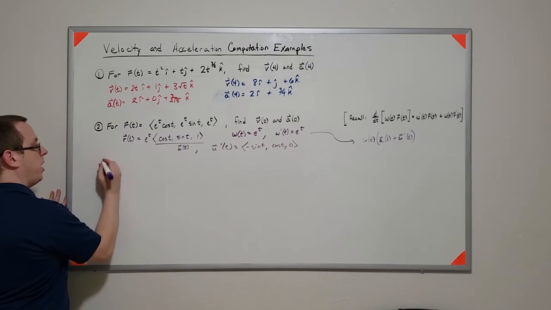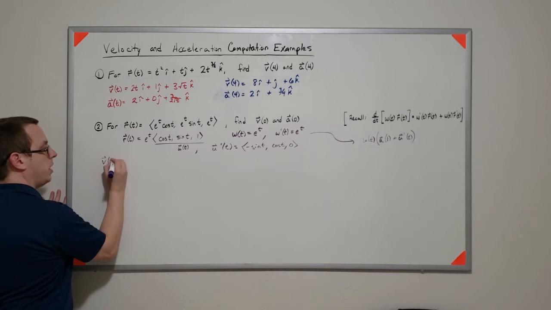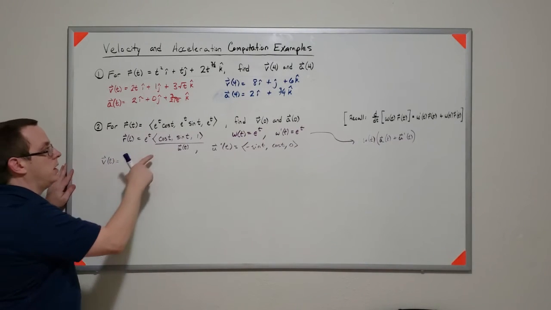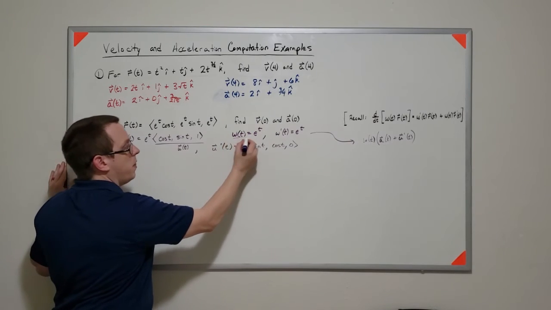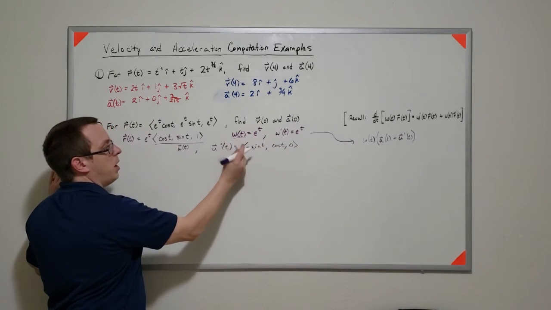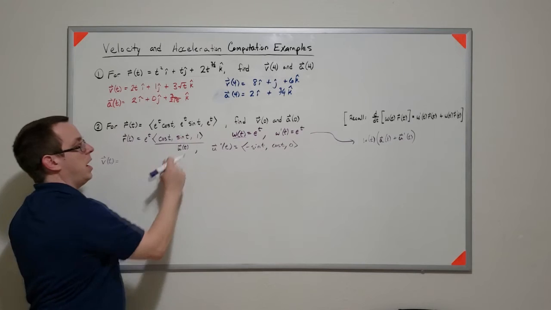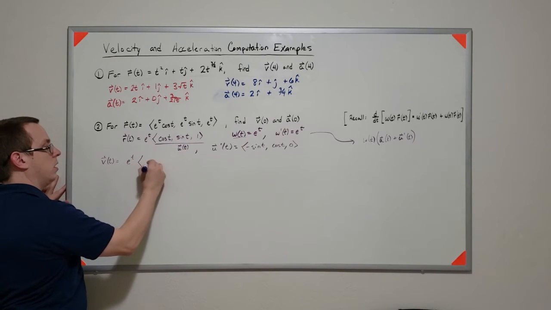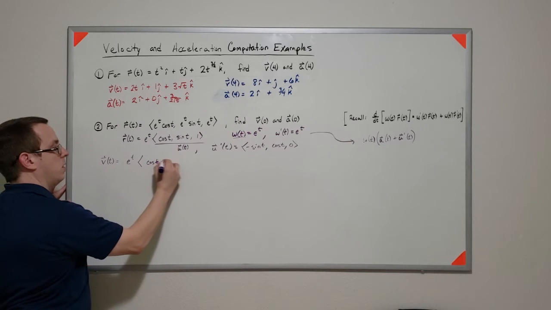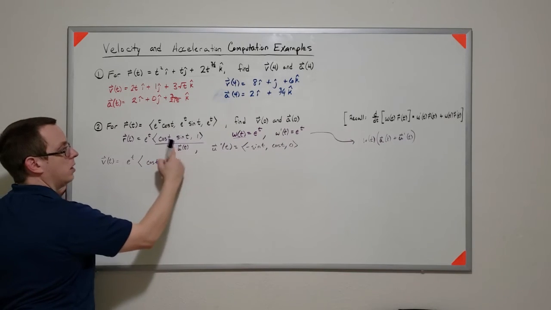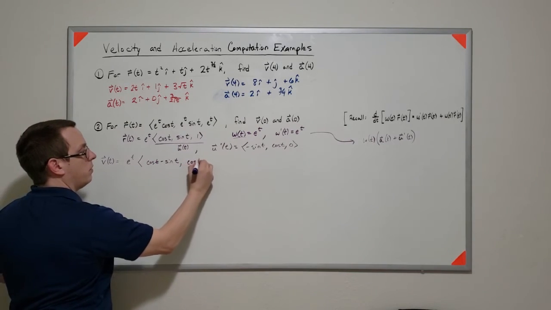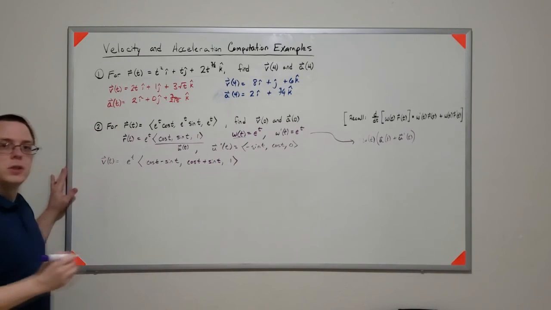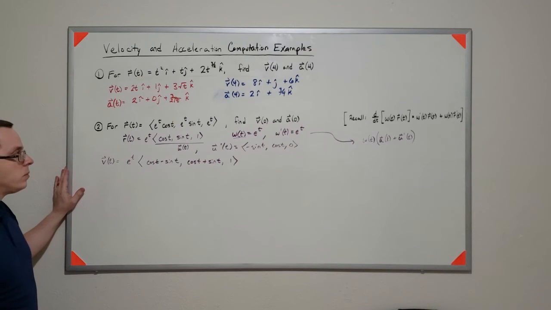So that tells me that my velocity is instead going to be this multiplied by the sum of this and that. So it's e to the t times cosine t minus sine of t, cosine of t plus sine of t, and 1. So that's the idea here.